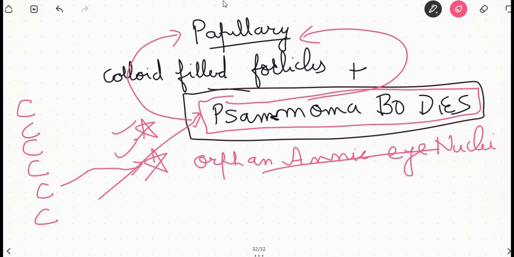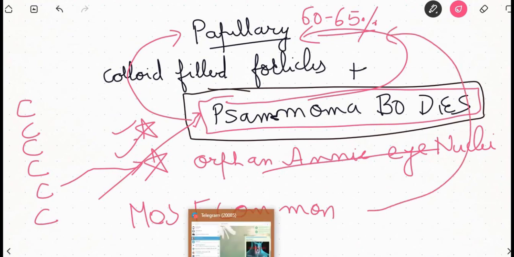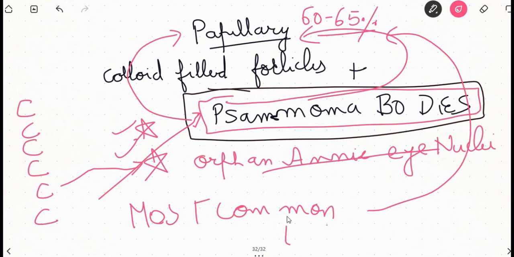So remember, the most common histological type of thyroid cancer is papillary carcinoma. It's about 60 to 65%. So most common is papillary type. It spreads by lymphatic spread.